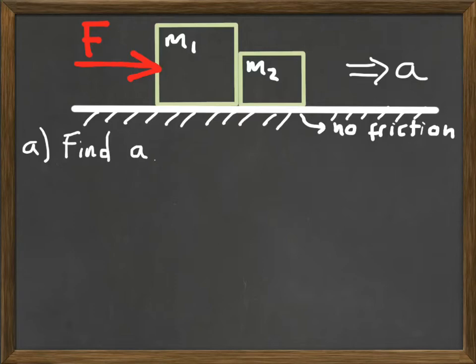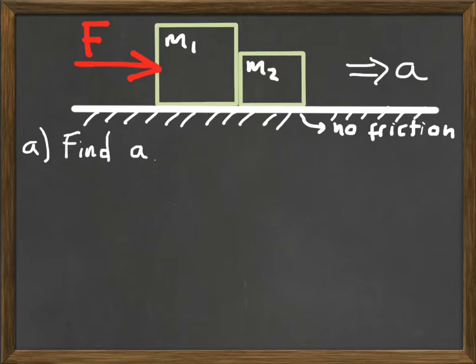This is because if, for example, M2 did not have the same acceleration as M1, let's say less acceleration, then M2 would be moving through M1. Assuming that these two objects are reasonably strong and rigid, that cannot happen. Therefore M2 must be moving in front of M1 at the same rate as M1.